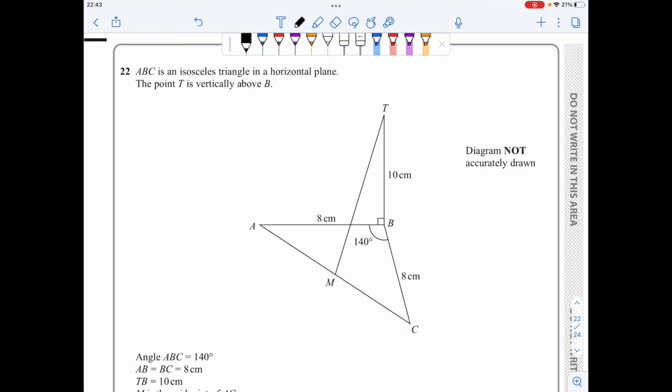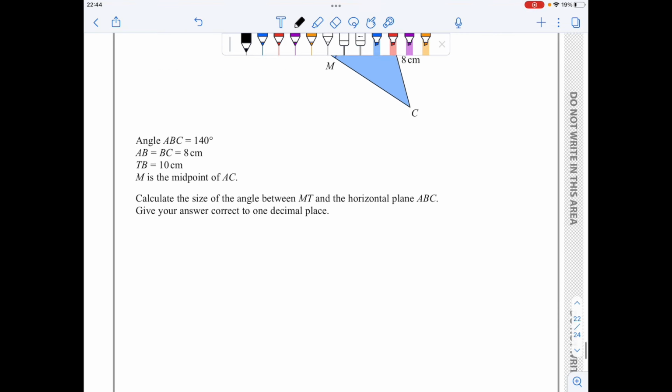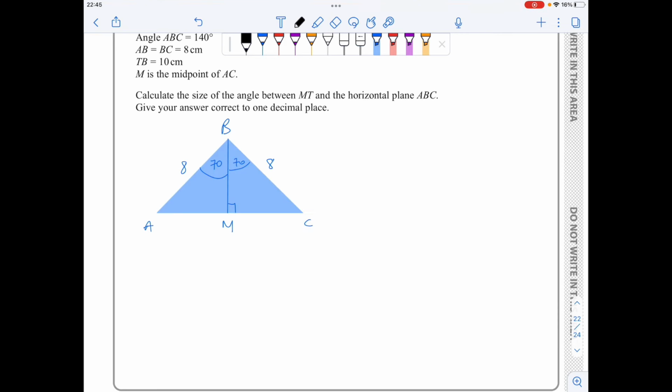In question 22, I have two triangles. The triangle MBC is lying on the floor, and the triangle BTM is a standing one where T is vertically above B. Now I will extract the blue triangle and use it to find the side BM. This triangle is an isosceles one, so I have split it into two right angle triangles.